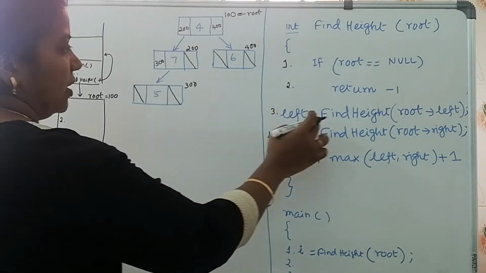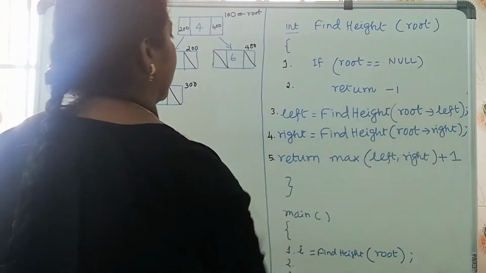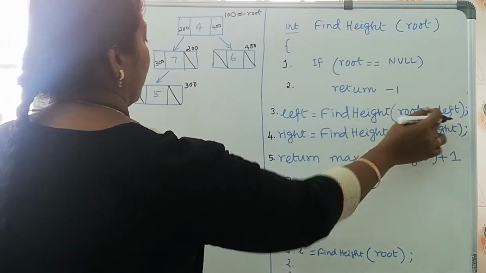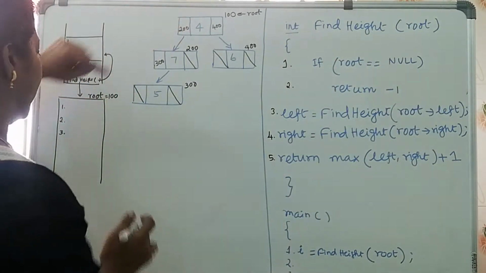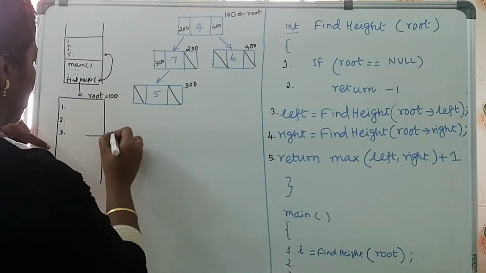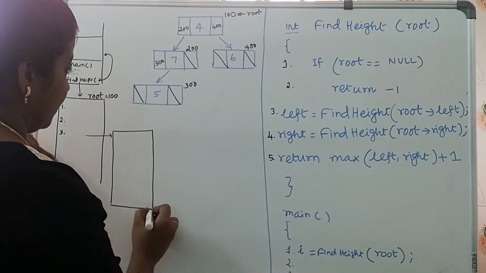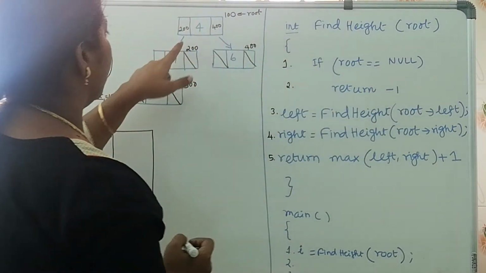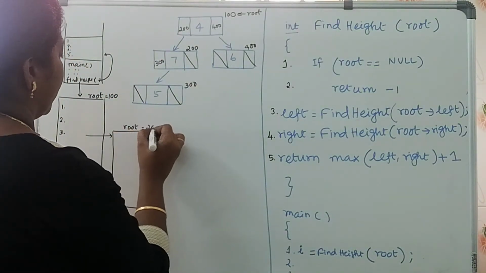What is line number 3? It calls the function find height of root of left. So what is find height of root left? Root is 100, and 100's left is 200. So this calls the function again: find height of root of left, where root is now pointing to 200.